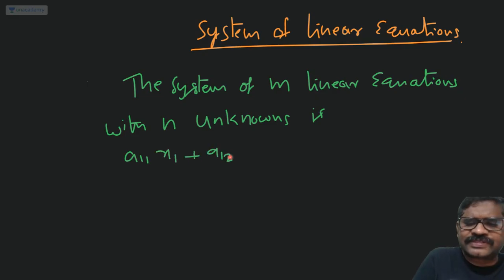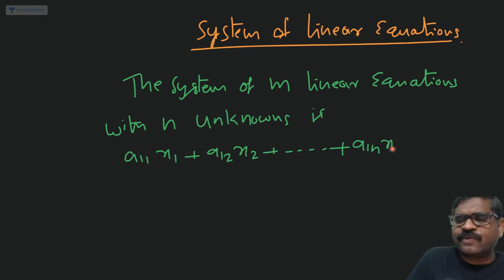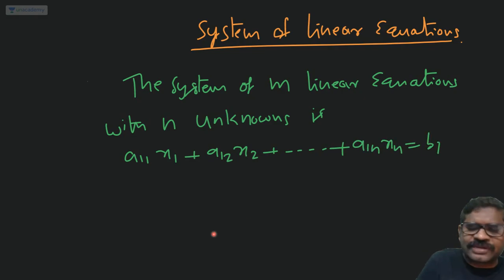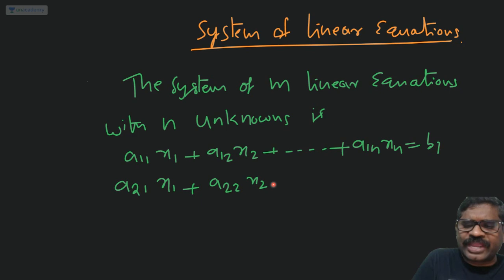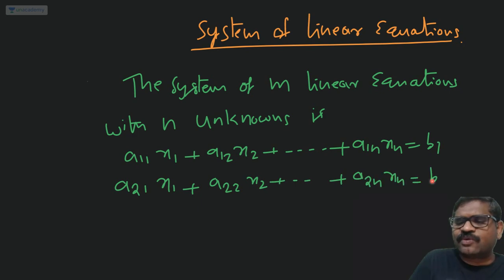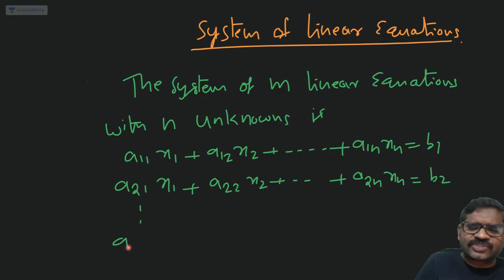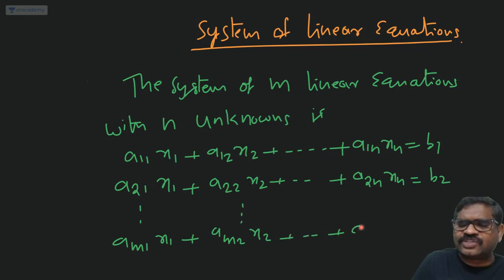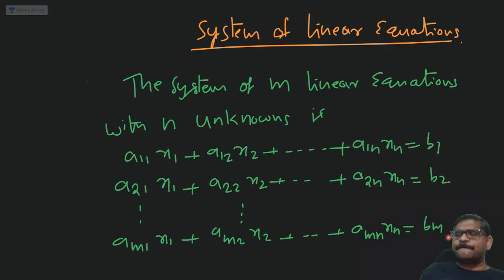a11x1 plus a12x2 plus a1nxn equal to b1, a21x1 plus a22x2 plus a2nxn equal to b2, and so on, am1x1 plus am2x2 plus, and so on, amnxn equal to bm.